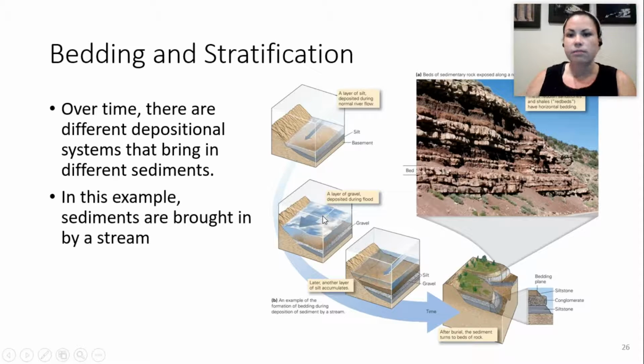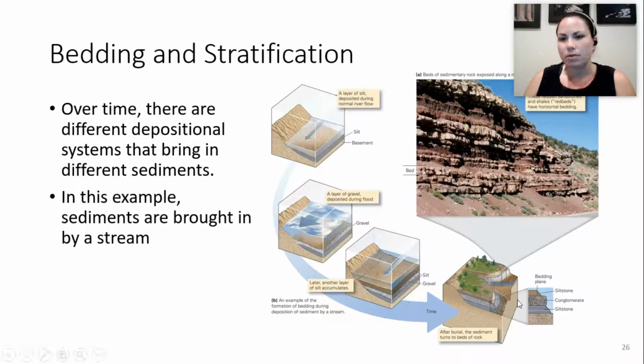During a flooding event, you'd see much larger sediment as opposed to small layers of silt that would be deposited in just a river. So say this is an area that is known to have water flow, but then also has flooding events. You'd see a layer of silt or clays, and then a layer of gravel, and then another layer of silt and clays, and another layer of gravel.